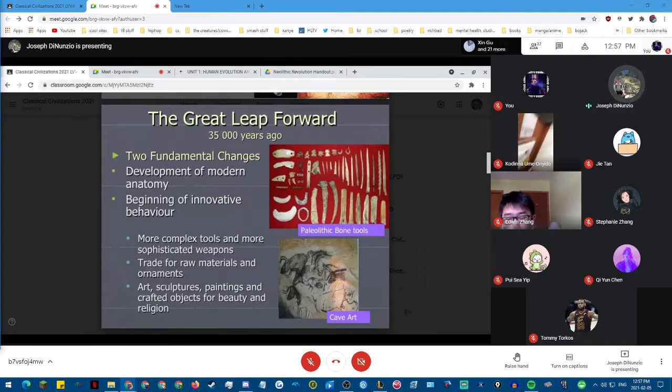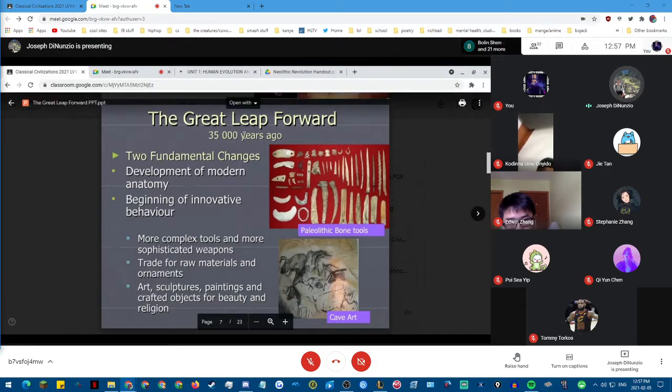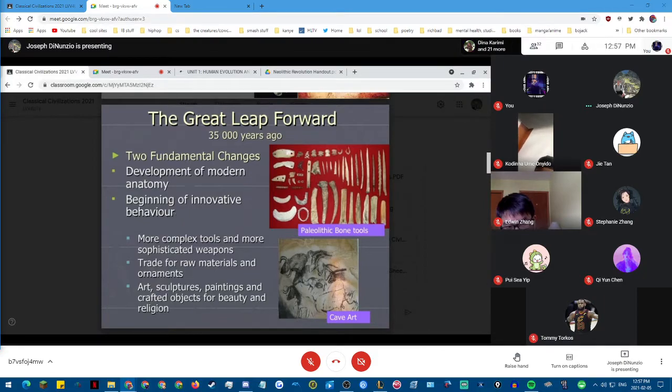So you could see more complex tools, much more sophisticated weaponry, more trading. This is a really important date here, 35,000 years ago. Scientists call this the Great Leap Forward for humans.